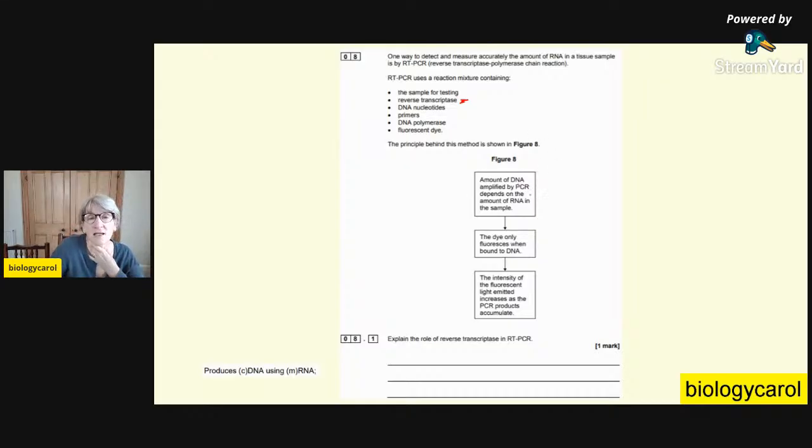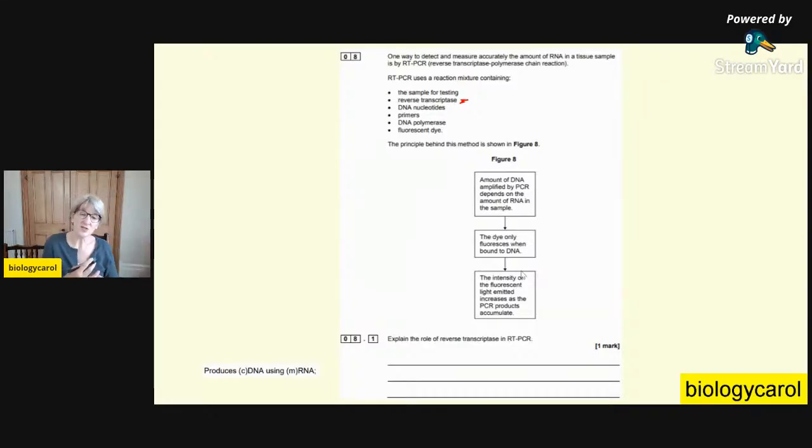And here is the method. The amount of DNA amplified by PCR depends on the amount of RNA in the sample. Fair enough. The dye only fluoresces when bound to DNA, so you're only spotting the DNA. Yep, the intensity of the fluorescence increases as the PCR products accumulate.